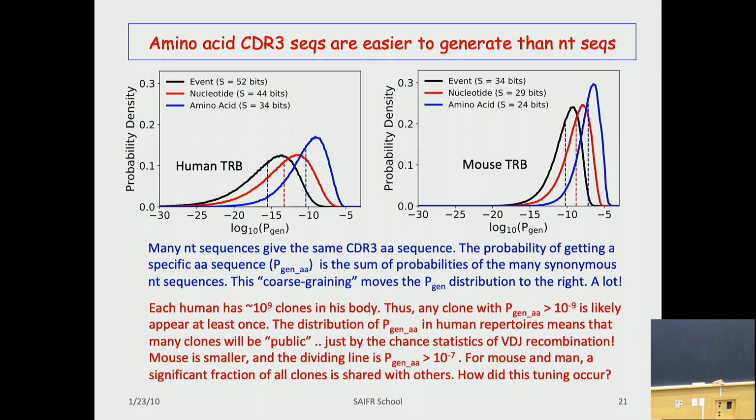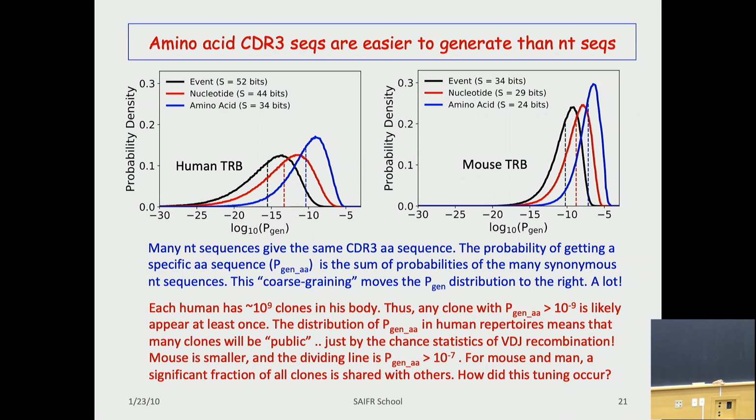In other words, for human and for mouse, the red curve is the histogram of generative probability for a typical mouse collection of cells, a sample or the whole blood capacity of the mouse or whatever.